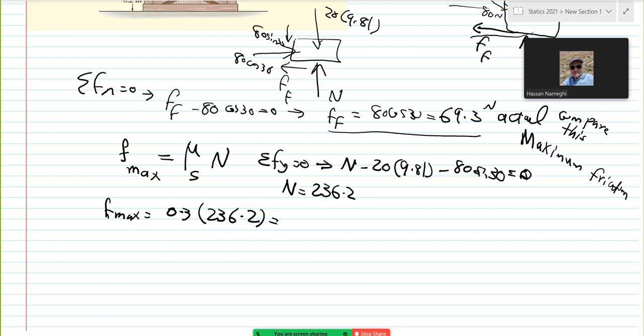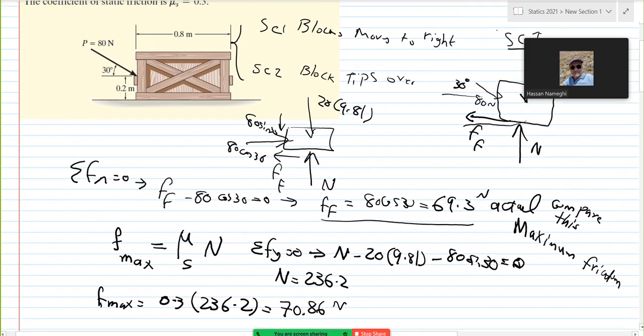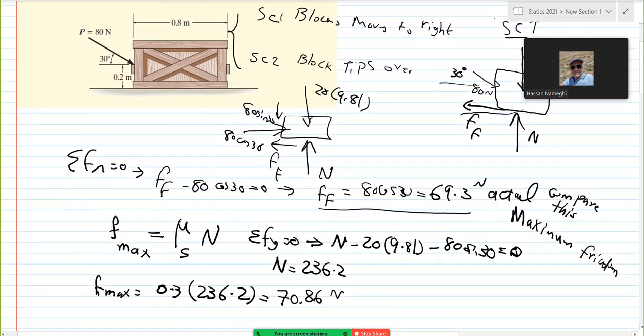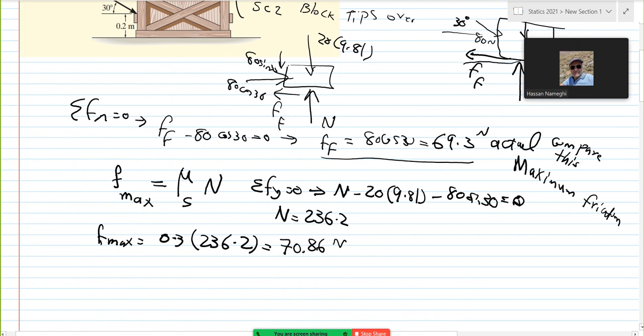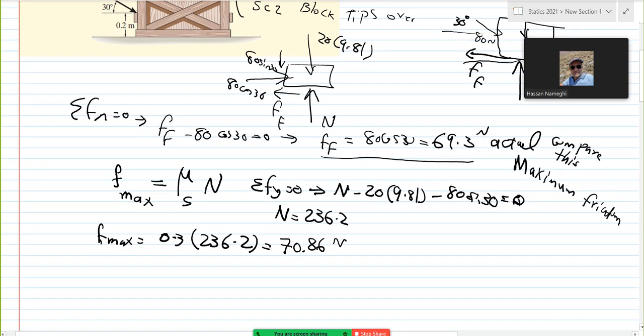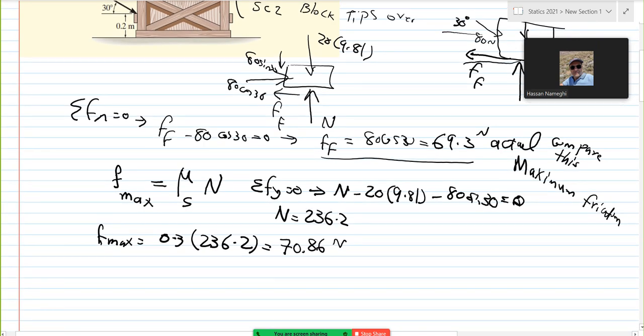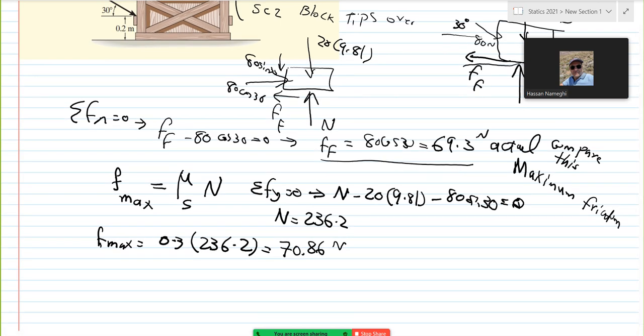0.3 times that, and I'm getting 70.86. Am I safe or not? Based on my calculation, the actual friction is 69 and the maximum friction is 70.86. Am I safe or not? Yes. The maximum friction is 70.86, and the actual friction is less than that.